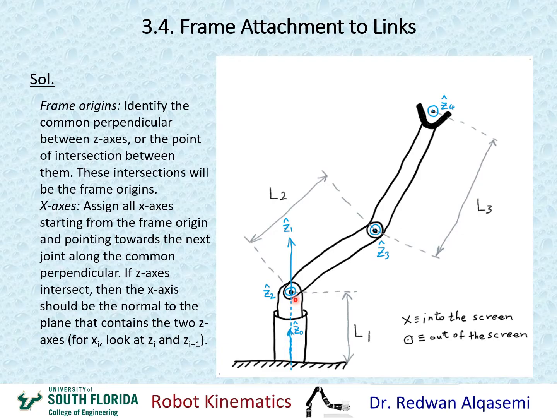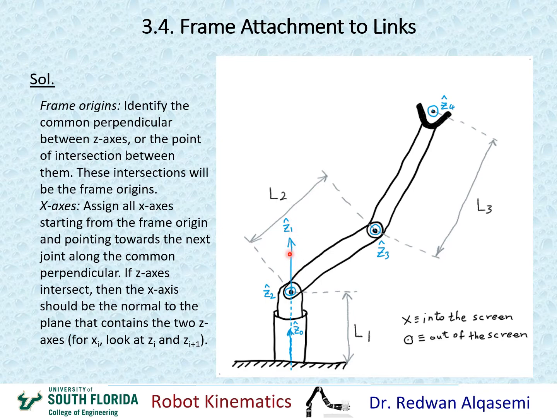So I'm going to start again with x1, or the first common perpendicular, which is the common perpendicular between z1 and z2. So z2 is coming out of the board right here, and z1 is this one. So they intersect. Since they intersect, then I have to look at the plane that contains both of these vectors, and that plane would be basically a plane that's perpendicular to the screen.